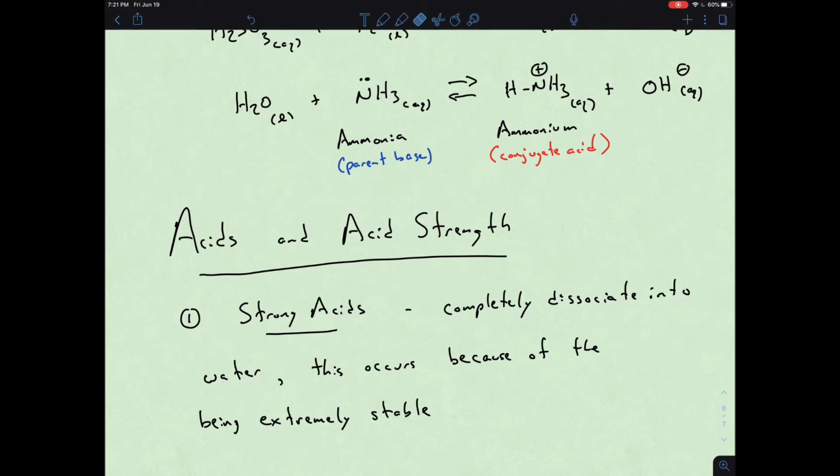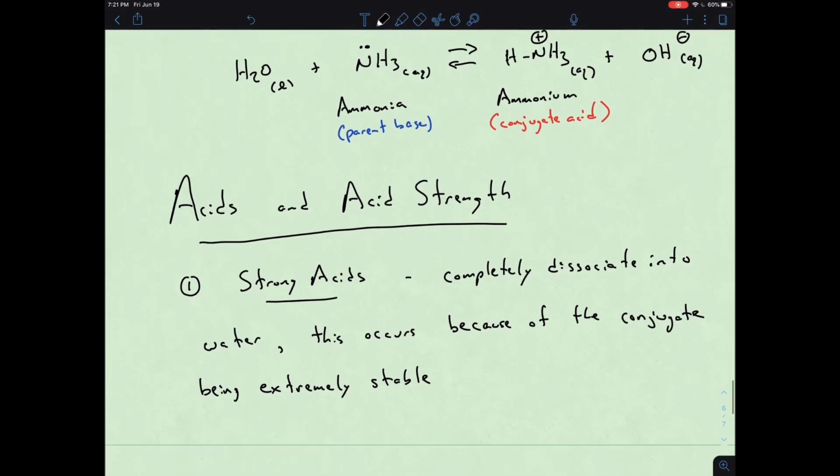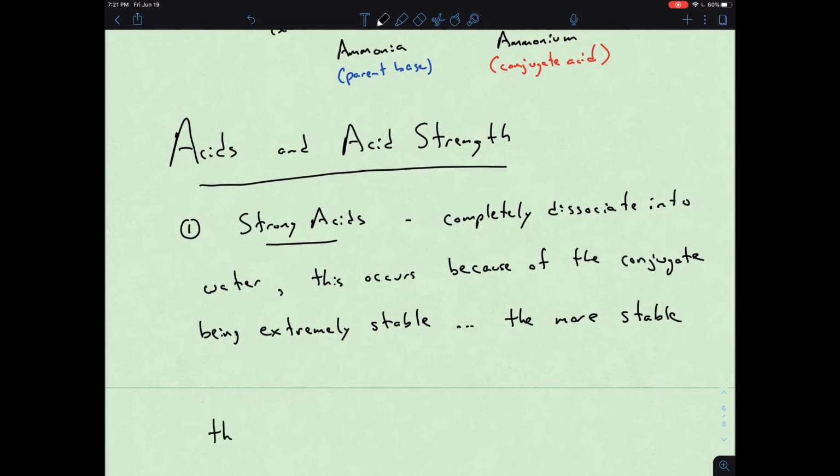So as a result, this is really just a one-way ticket to donating protons into solution. So the more stable the conjugate is, the stronger the acid.